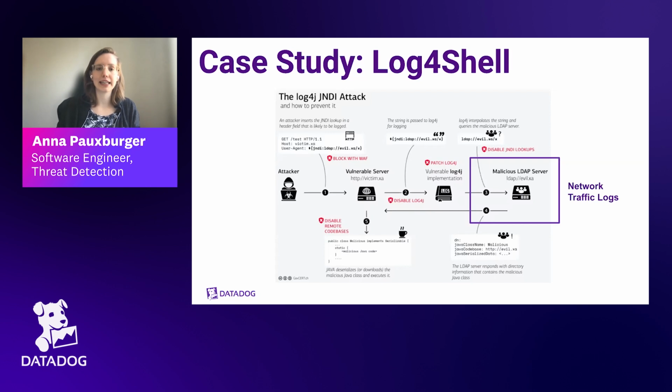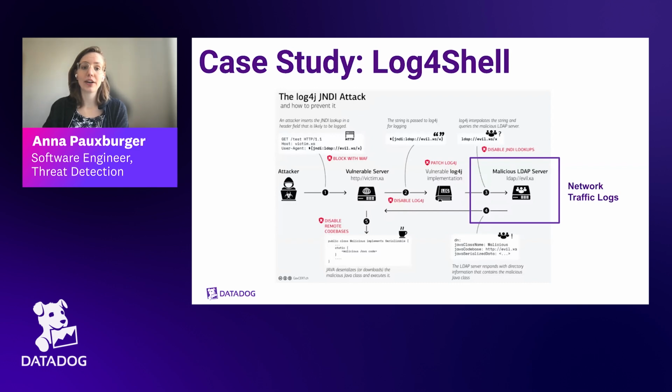Step one, the attacker uses user input to pass a malicious payload. That could be, for example, via the HTTP header. Then in step two, this payload gets logged with the Log4j library. In step three, that library interprets the code and connects to the attacker's malicious server, which is referenced in the payload.